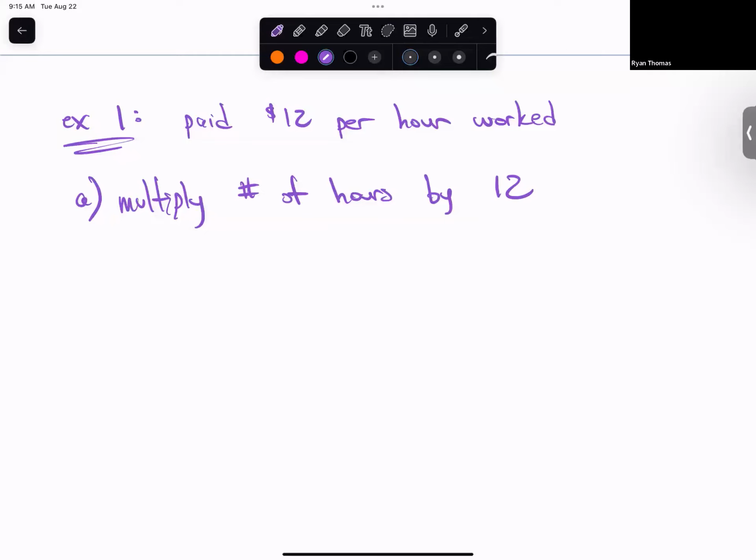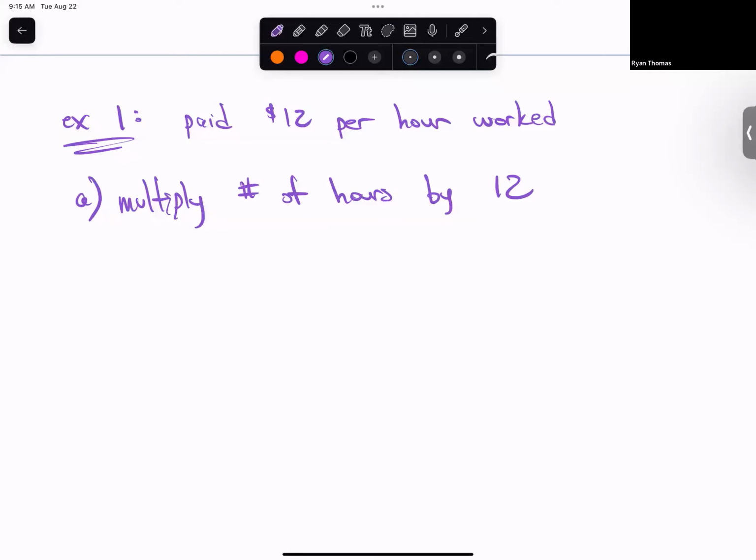What do you make after how many other hours you work? Okay, so if you make $12 for 1 hour, right, then how much do you make for 2 hours? 24, right? Which is 12 times 2, or it's 12 plus another 12, right?